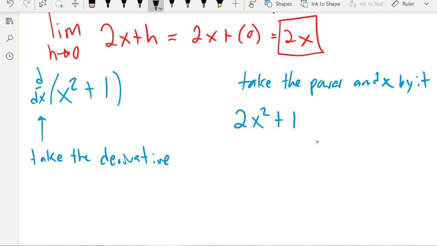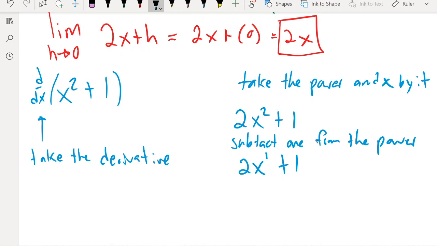You're going to multiply by whatever the power is, and this goes for all the powers. So if you have more than one x, you do this for each individual x. All right, so then I'm going to subtract 1 from the power. That's pretty easy, right? 2 minus 1 is 1, so that's just 2x to the first power.